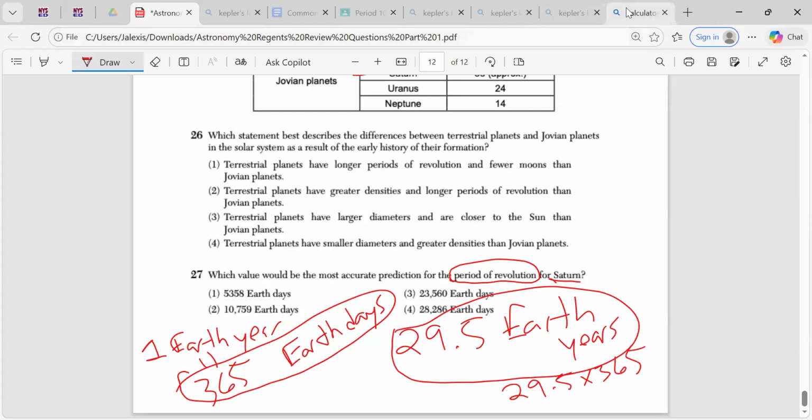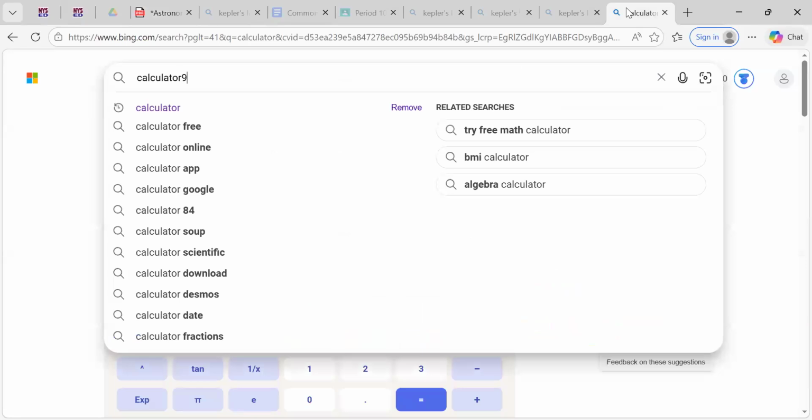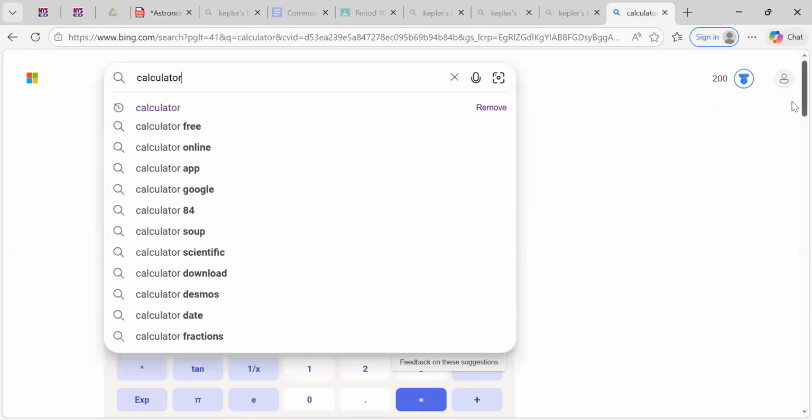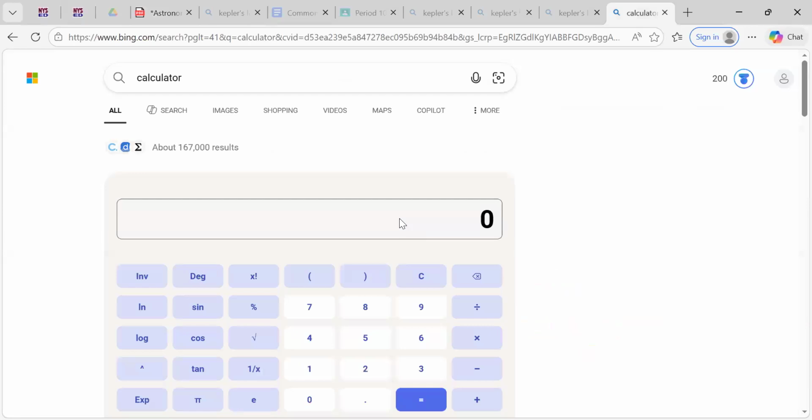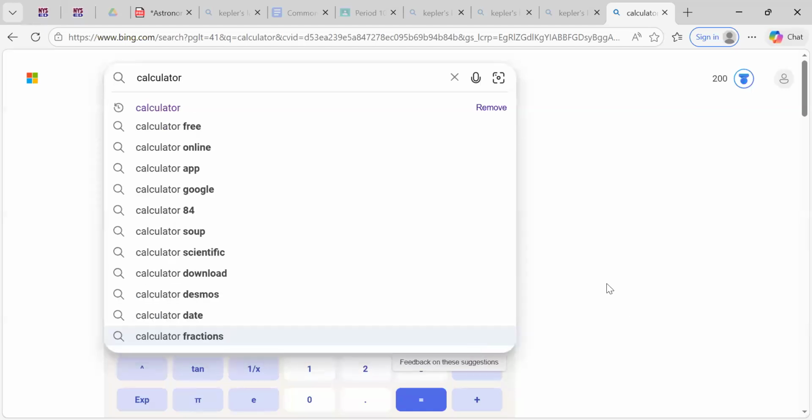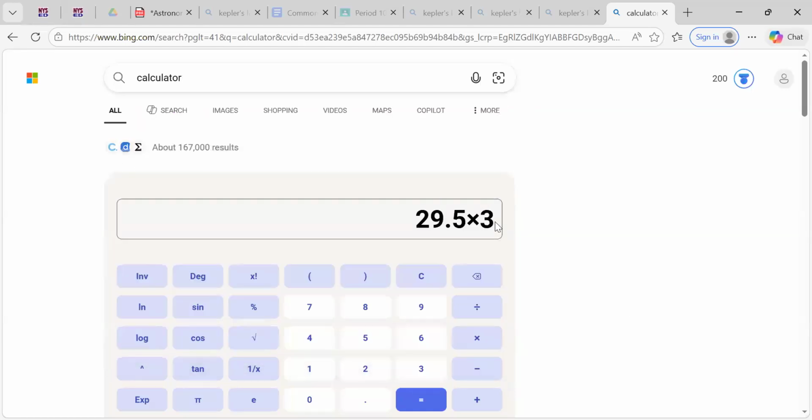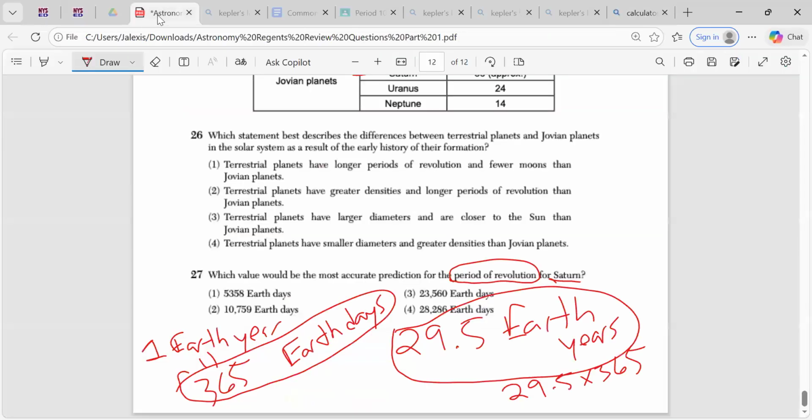When I go to my calculator, 29.5 times 365, and what do we get as an answer? 10,767.5 days.